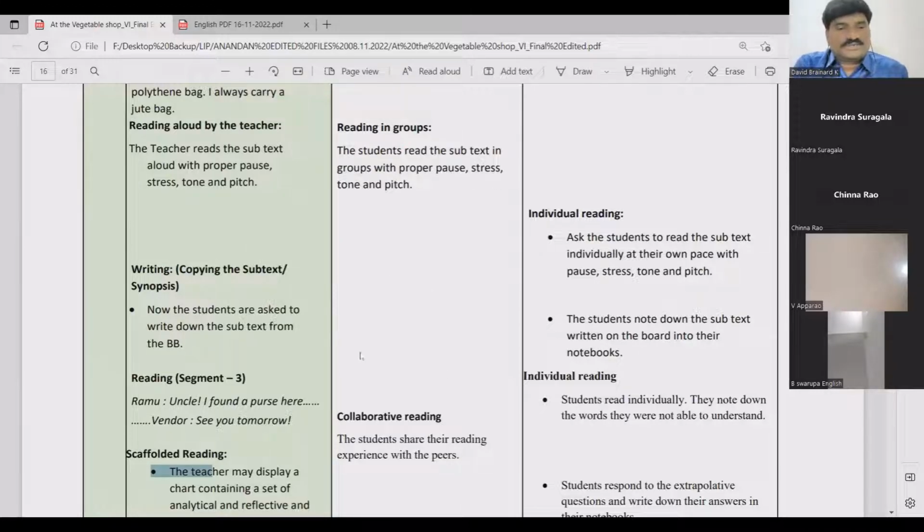Dear teachers, let us understand the concept of scaffolding in English language teaching. Scaffolding is nothing but supporting the students in reaching the next higher level from their current level. Let us take reading comprehension as an example.